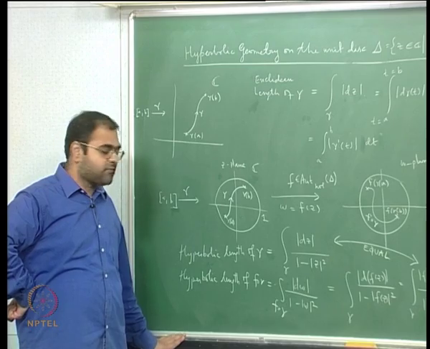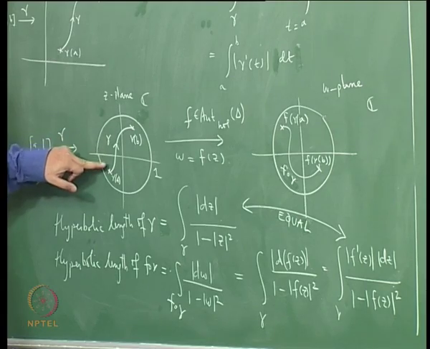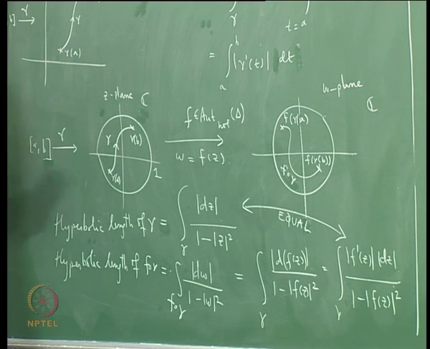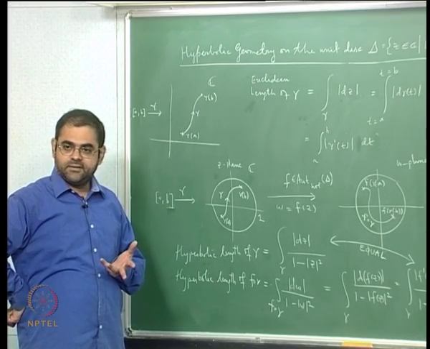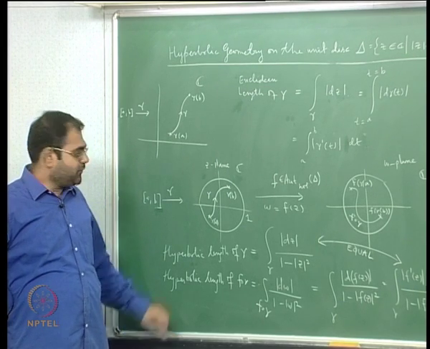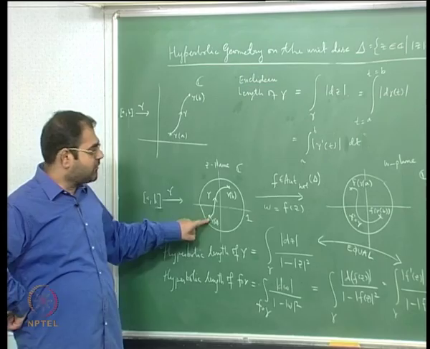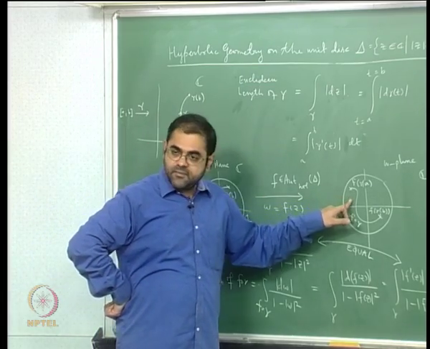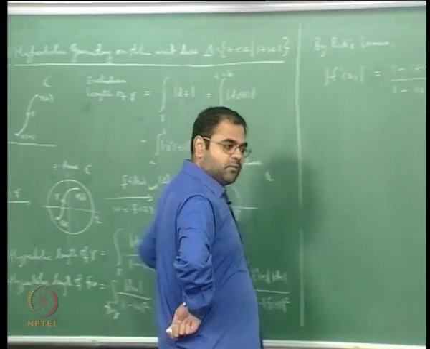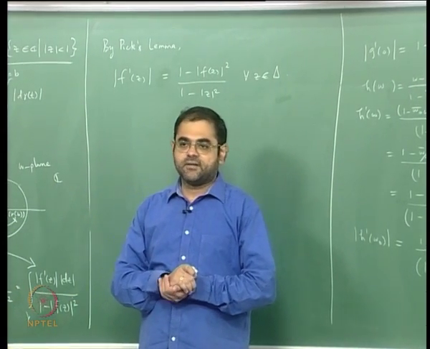If you define the hyperbolic length of an arc or contour in the unit disk, the hyperbolic length will not change if you apply an automorphism of the unit disk. Whether you take the hyperbolic length of gamma or of its image under an automorphism of the unit disk, you will continue to get the same hyperbolic length.